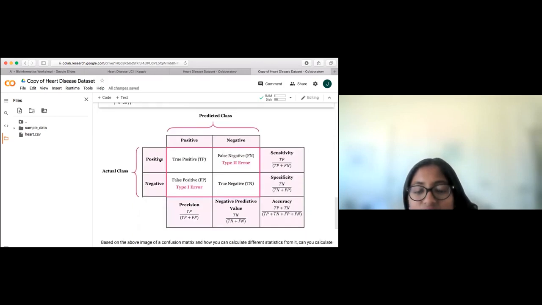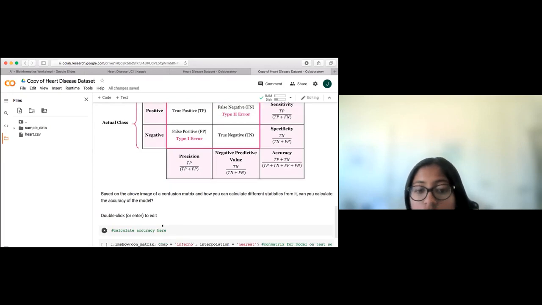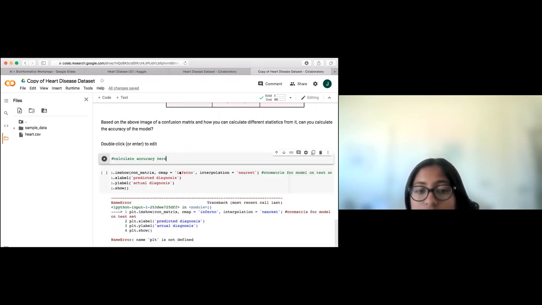Okay, so this is the image of a confusion matrix. It basically tells you how to calculate different statistics. And over here, this is accuracy. Accuracy is true positives plus true negatives over everything in the matrix. So can you, over here, calculate accuracy?